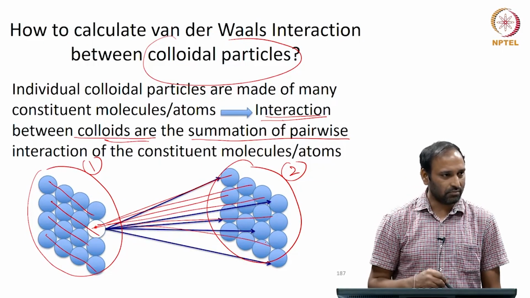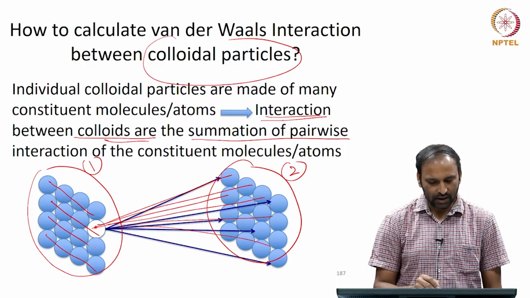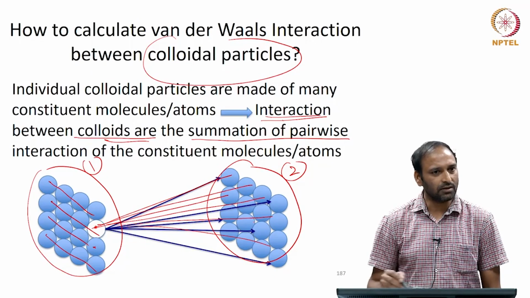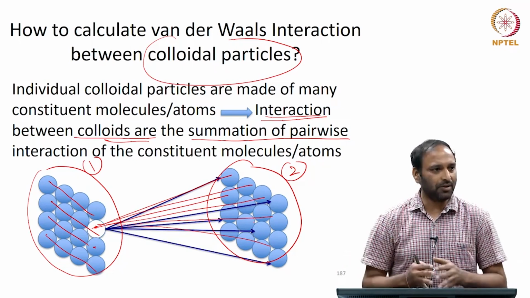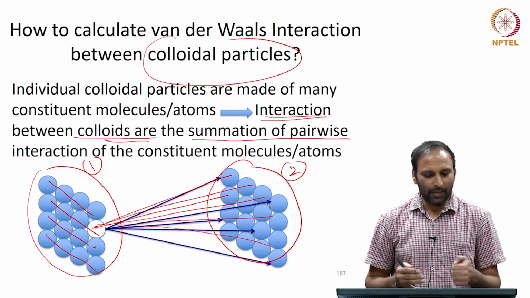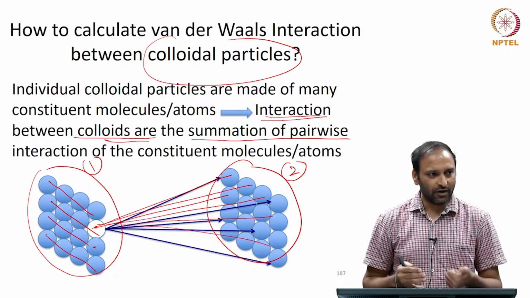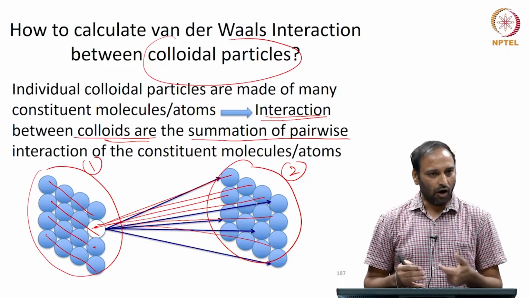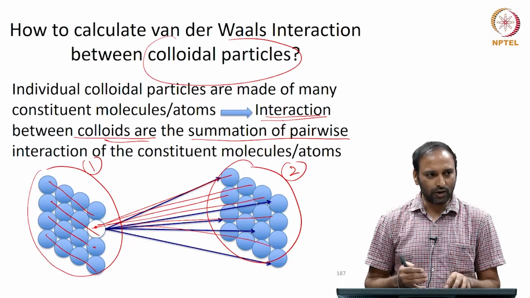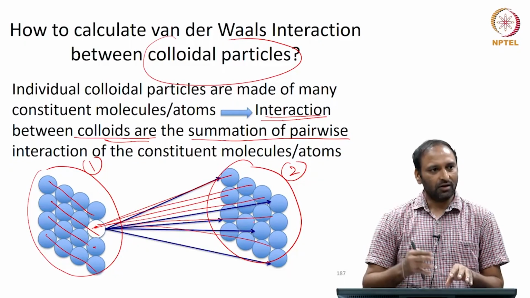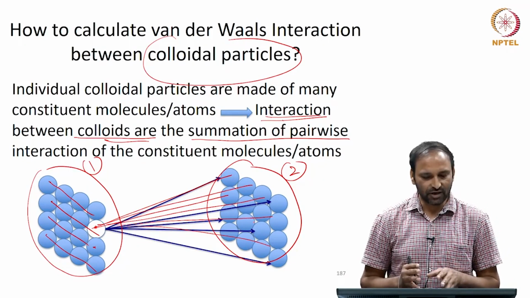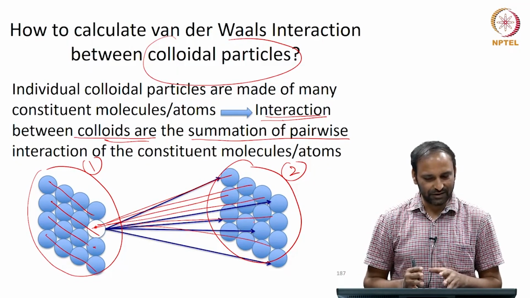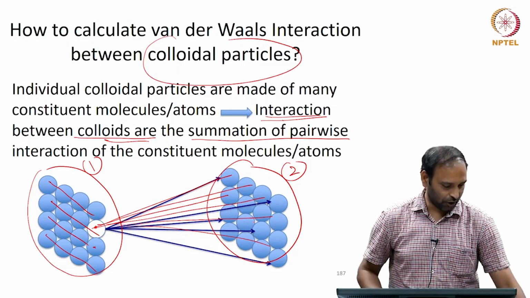Then I go to the next one, and again look at the interaction with all the other 16 atoms or molecules, and I sum them up. This pairwise addition of the interaction of every atom or molecule in one particle with the atoms and molecules in the other particle gives rise to the total van der Waals force of interaction between colloidal particles.